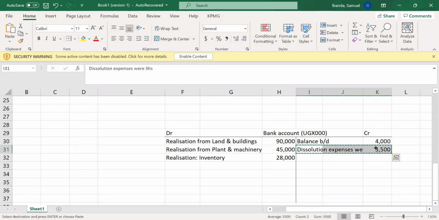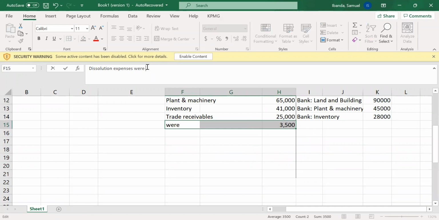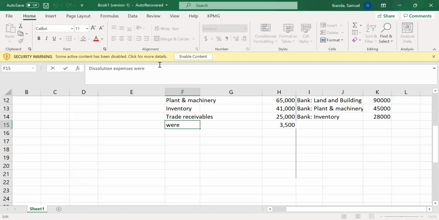And as you credit them here, you're supposed to debit them in the realization account. That is one of the things that we do when it comes to the so-called dissolution expenses.